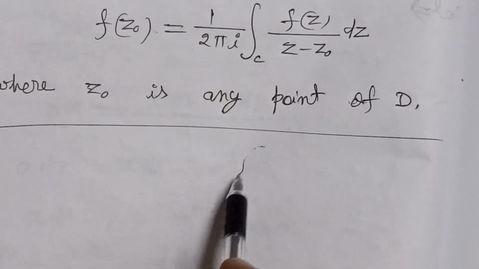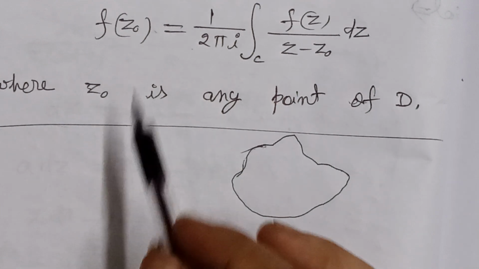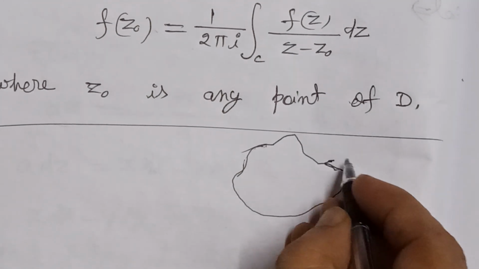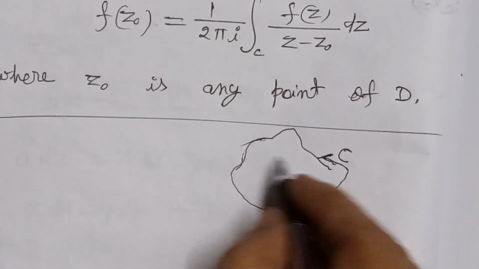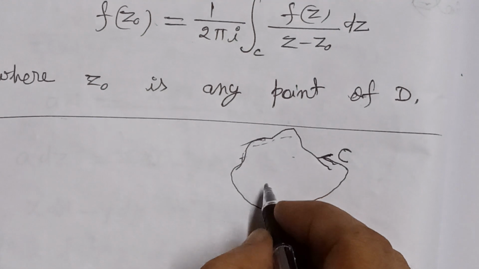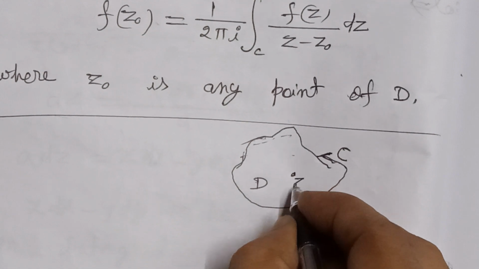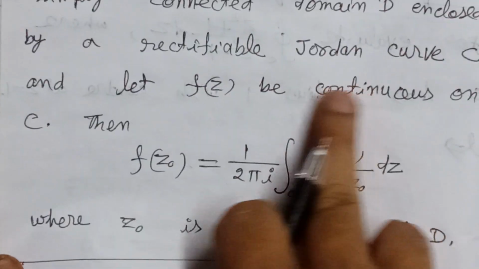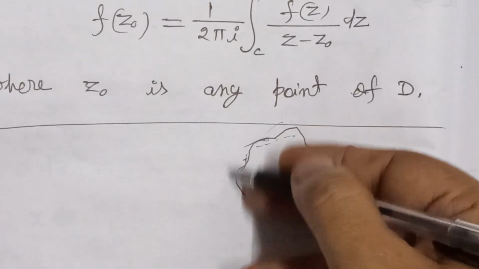Here D is a simply connected domain enclosed in a rectifiable Jordan curve C, and inside C this domain is represented by D, and z naught is any point in this domain inside D. The property of f(z) is that it is continuous on C, the boundary.